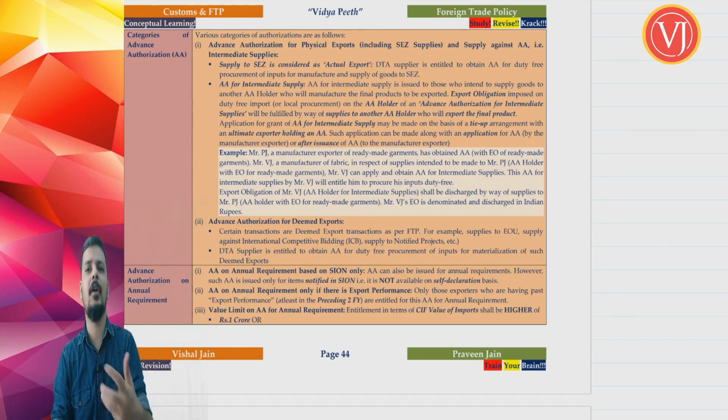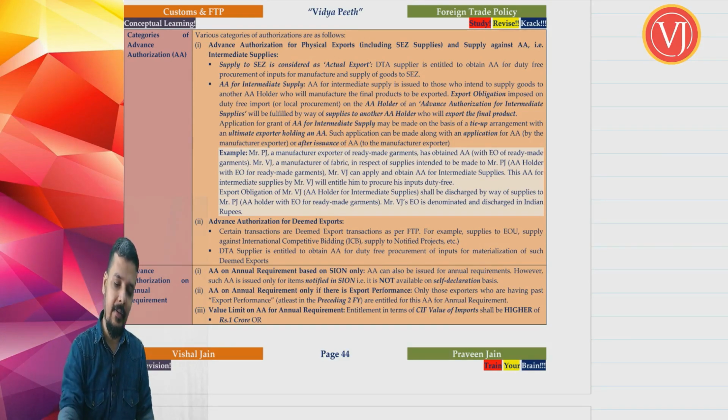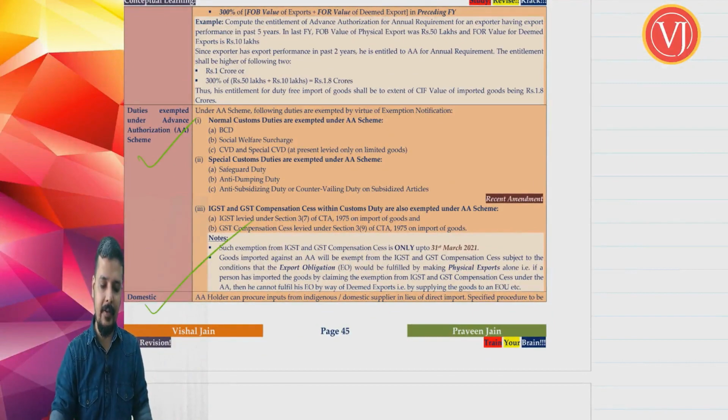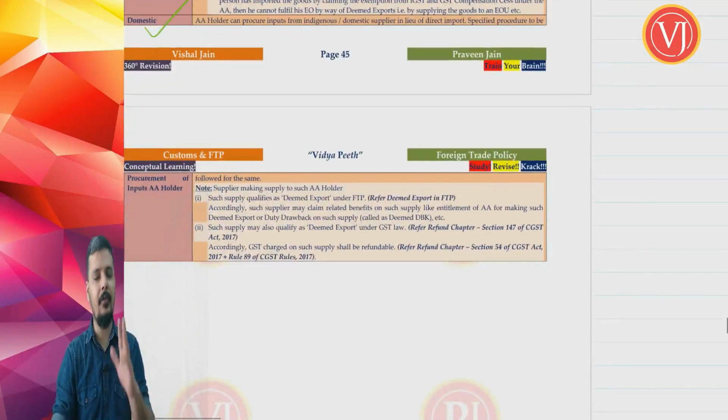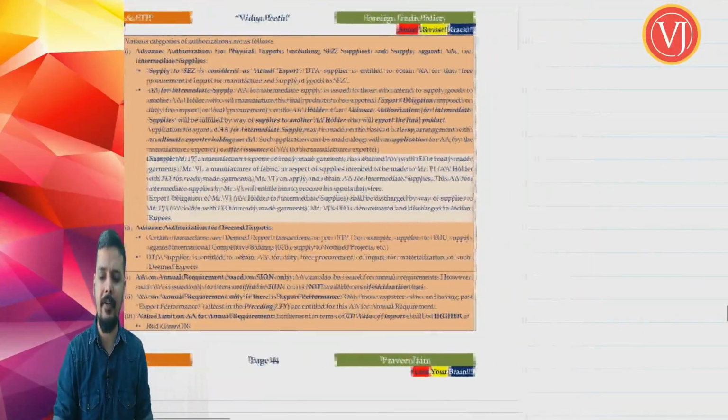I have said you are not required to pay import duty. What is that import duty that is not required to be paid, that we'll discuss. So we are going to merge the categories of advance authorization and the duties exempted, including the domestic procurement of goods. So we are going to club all these three things. Advance authorization on annual basis we'll discuss in the end.